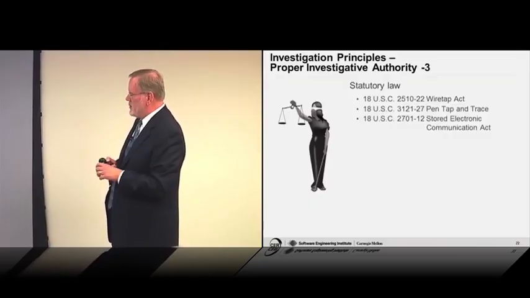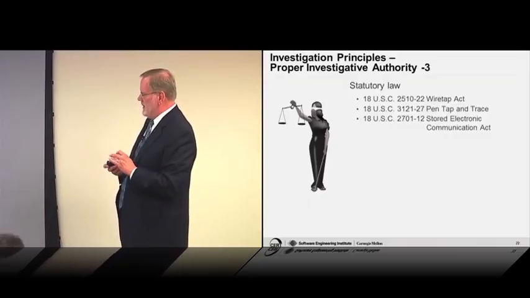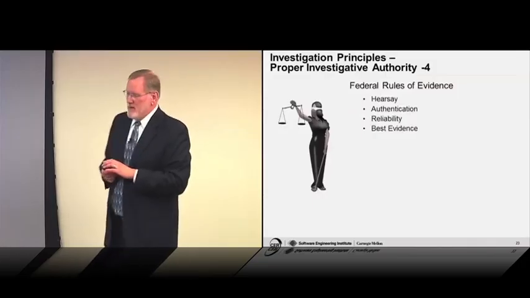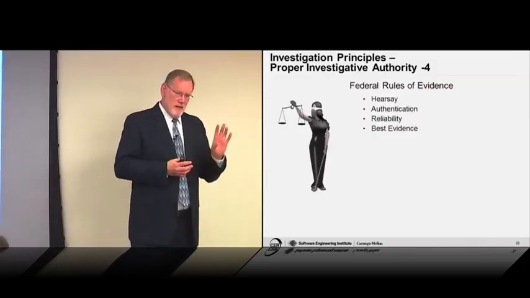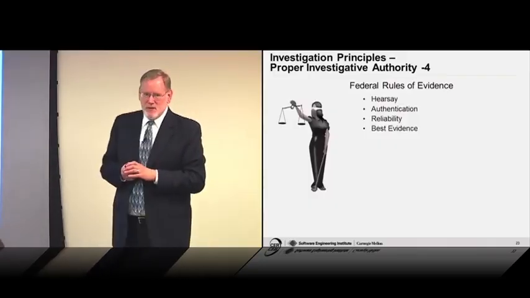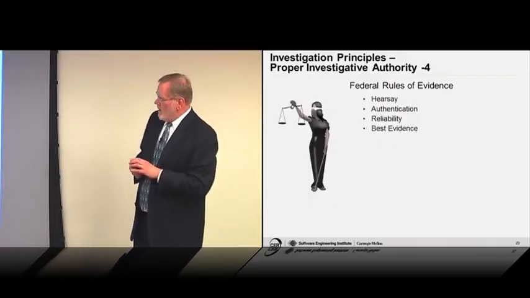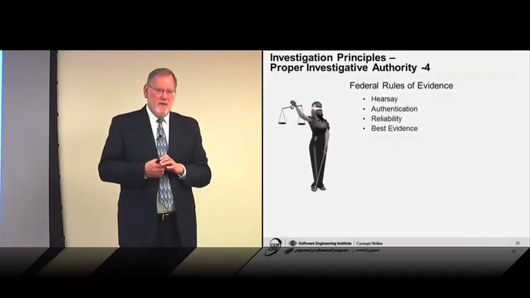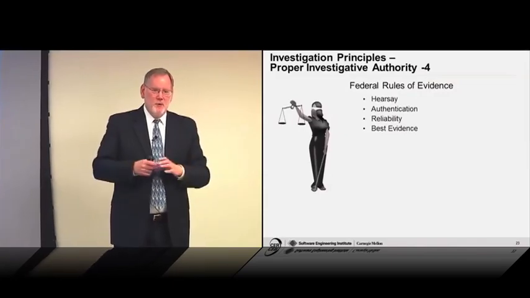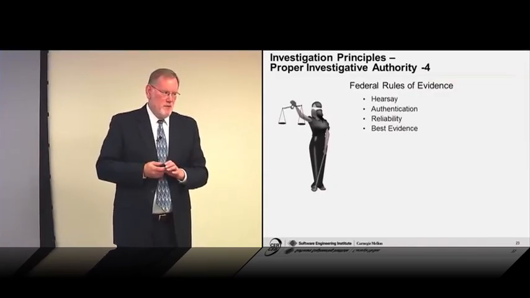These are the U.S. criminal codes in terms of the laws that apply. Federal rules of evidence also get involved. Again, look these things up to get a good explanation of the hearsay rule, authentication, reliability, and best evidence, and what those mean. I won't confuse you by attempting to give you my interpretation of those.